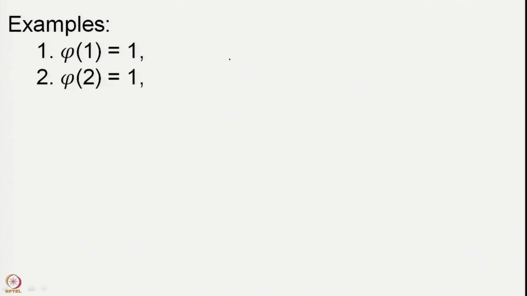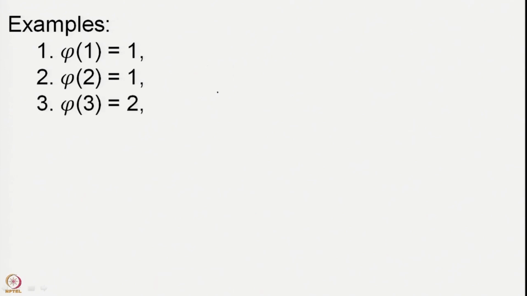Second is phi of 2. So we are looking at the set 1, 2. This is the set Z2, and you remove the elements which are not co-prime to 2. So again here we are left with only one element, the singleton 1.